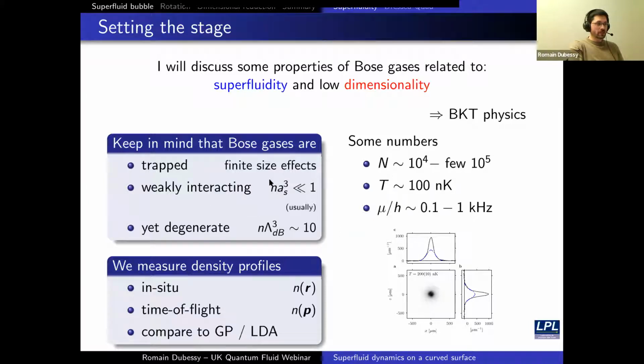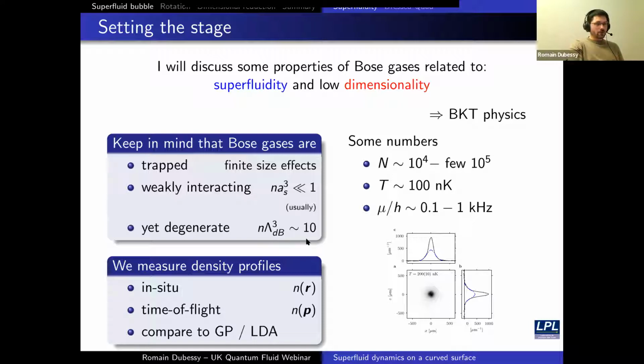If I compare the atomic density in atoms per cubic meter to the scattering length, so the typical length scale of the two-body interaction, I always get a number that is rather small compared to 1, at least in our system. And so this defines a weakly interacting Bose gas. And yet we still have a system that is quite degenerate, as the phase space density, comparing now the atomic density to the thermal de Broglie wavelength, is fairly large.